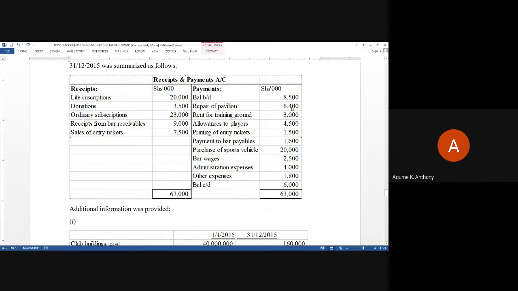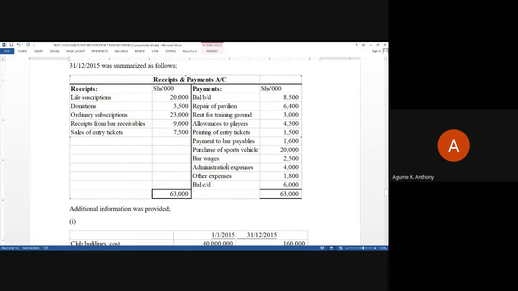Repair of pavilion is okay. Rent of training ground 3 million. Allowances to players 4.5. Printing of entry tickets 1.5. Payment to payables 1.6. Purchase of sports vehicle 20 million. That is okay.